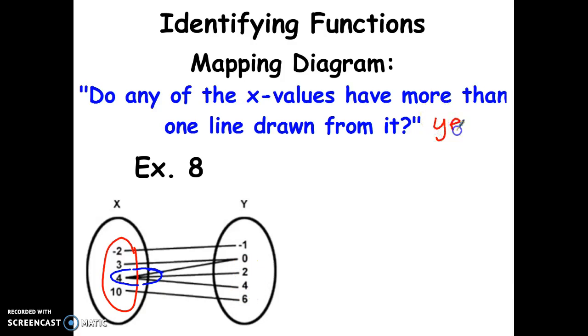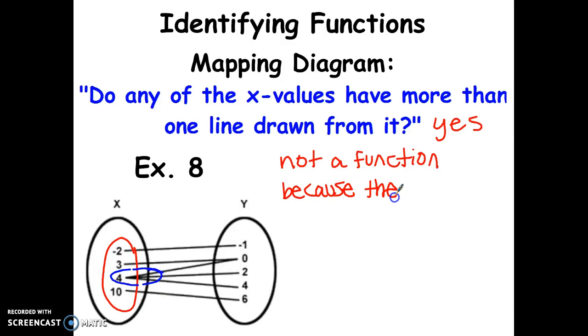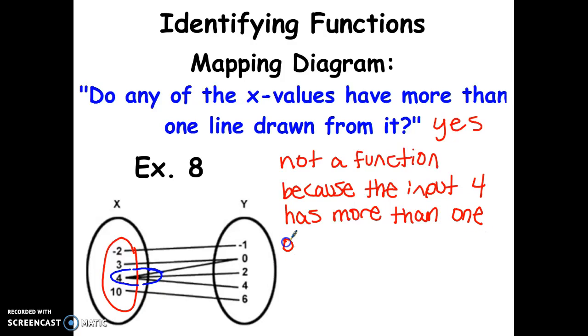So yes, it has more than one line drawn from it. So therefore, this is not a function. And it's not a function because the input 4 has more than one output. And those outputs are 0, 2, and 3.